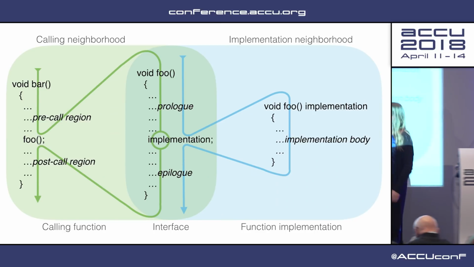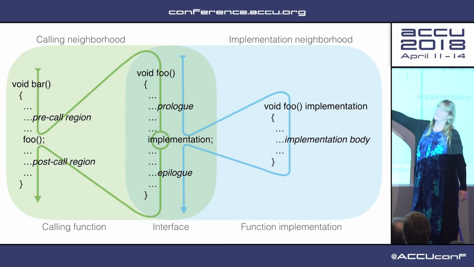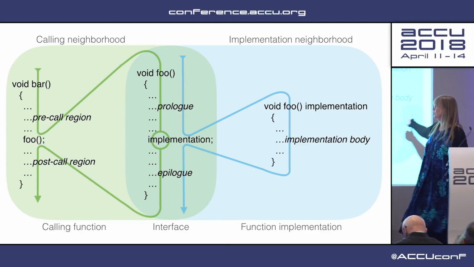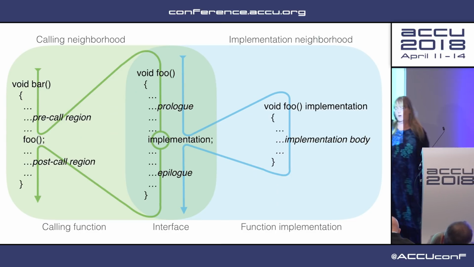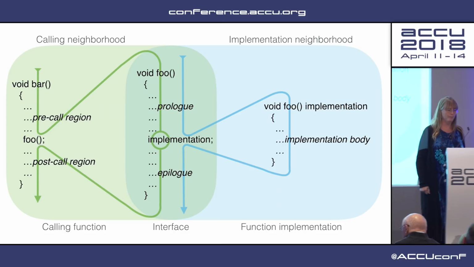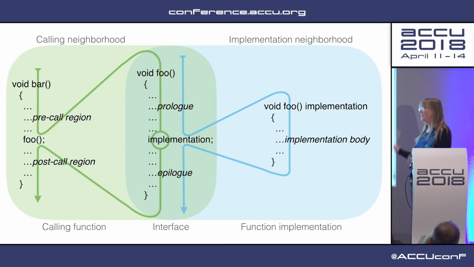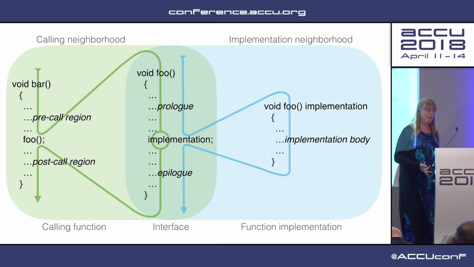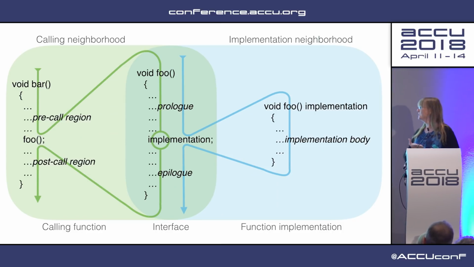You know it's an interface because it has this statement, implementation, in the middle, where the implementation goes. And there's a prologue that comes before the implementation and an epilogue that comes after. The prologue tells you the ways into the implementation, and the epilogue tells you the ways out of the implementation.